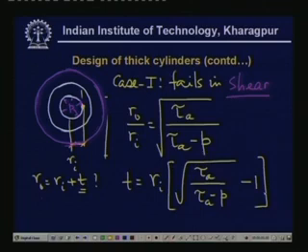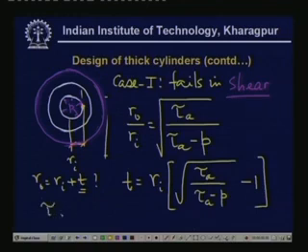Again you see that in this case, if pressure is greater than tau allowable, then this material will fail in shear, and we cannot design any cylinder, any single cylinder is incapable of sustaining that high pressure.